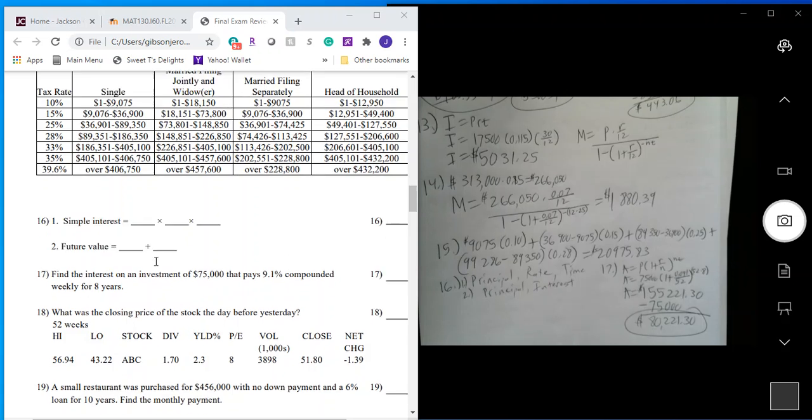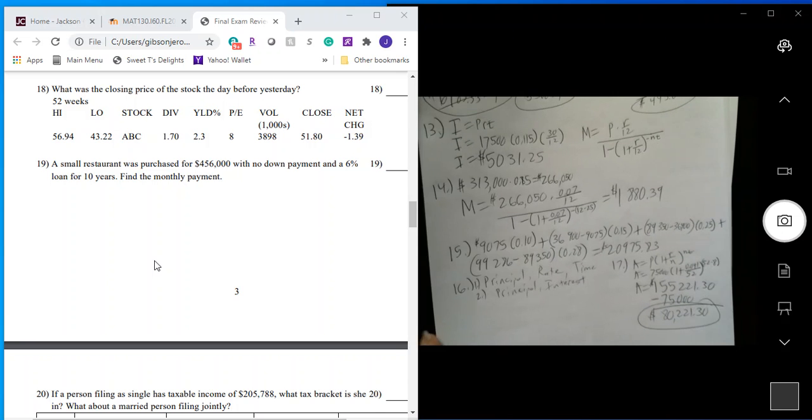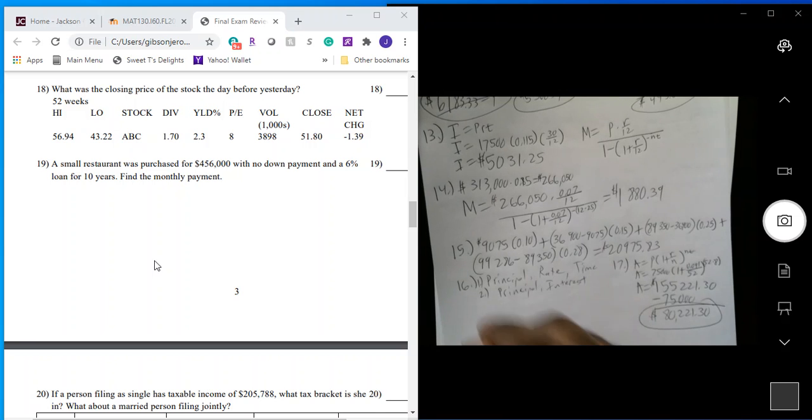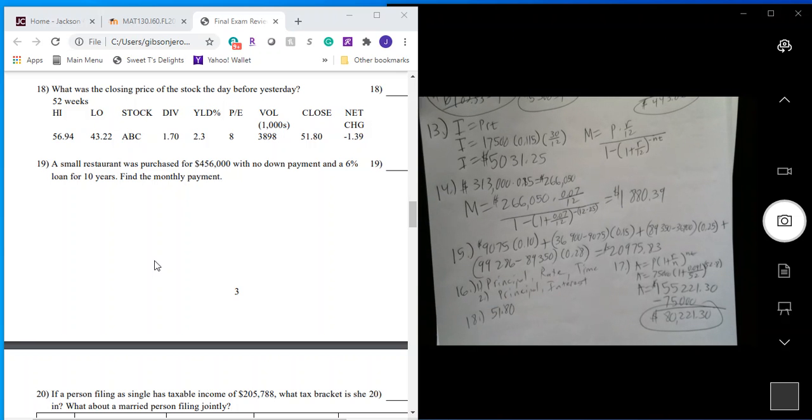problem 18. It says, what was the closing price of the stock the day before yesterday? So basically what they're asking you to do is this. You will go to the close, which is the $51.80. And then what you're supposed to do is add the net change.